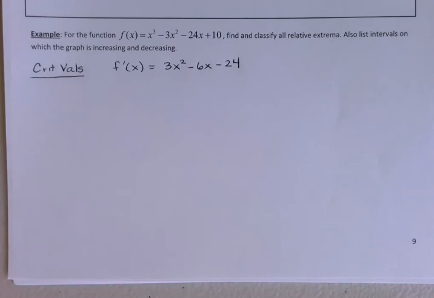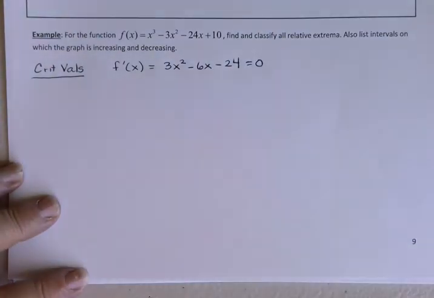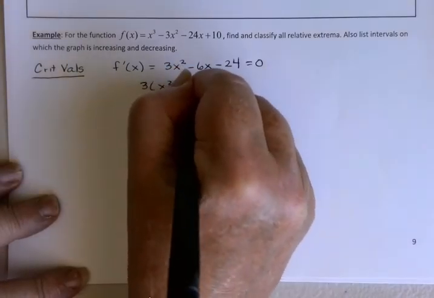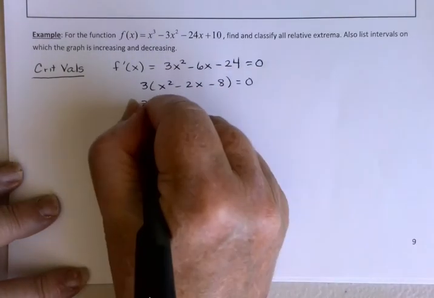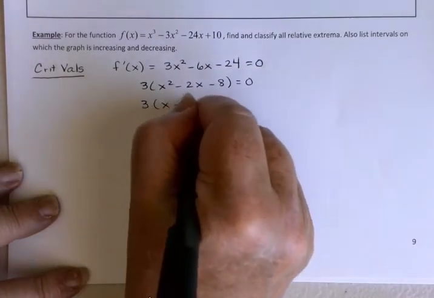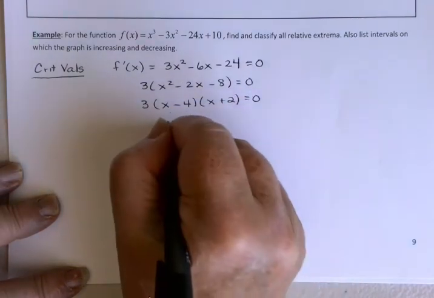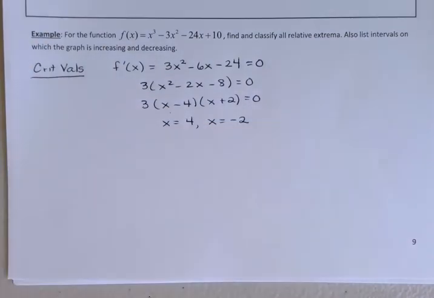And clearly that's never undefined, so all I have to really worry about is where it's equal to 0. Looks like 3 times x minus 4 times x plus 2. So our critical values are going to be x equals 4 and x equals negative 2.